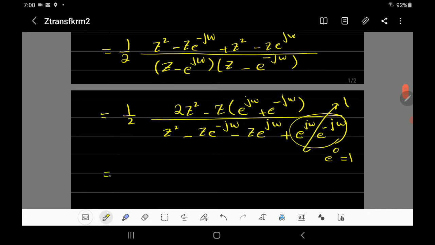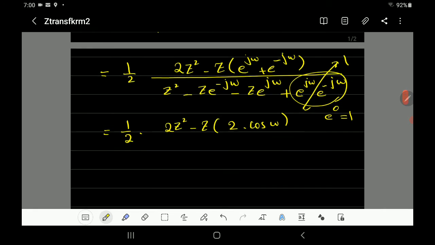Now I have 1/2 times 2z square minus z. And let's look at this expression. E to the power of j omega plus e to the power of minus j omega is equal to 2 times cosine omega. All right. And on the bottom here, you have z square. You have minus z and minus z, take it as a common factor.